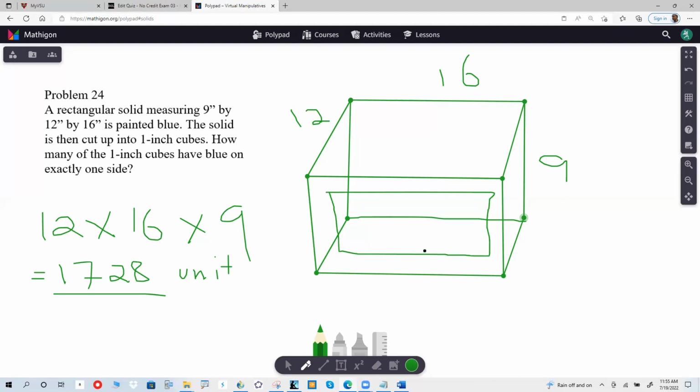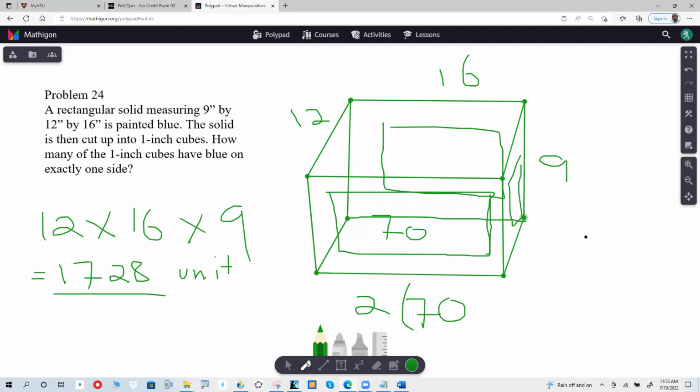Okay, and how many will I get here? If this is 12, this will be 10. And if this is 9, this will be 7. So this will be 70 here, and 70 will be there in the back. So I'm going to write 70 times 2. What about here, guys, in the middle of this face? How many will be there?